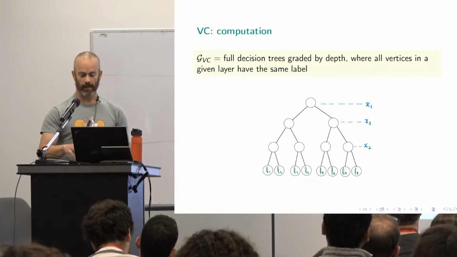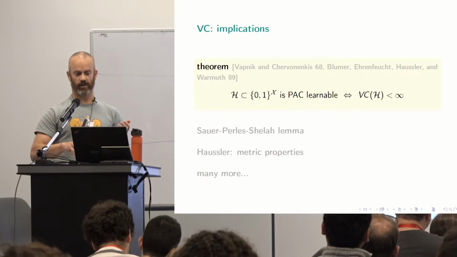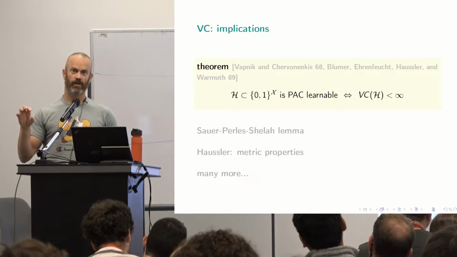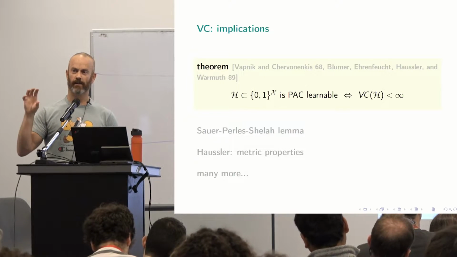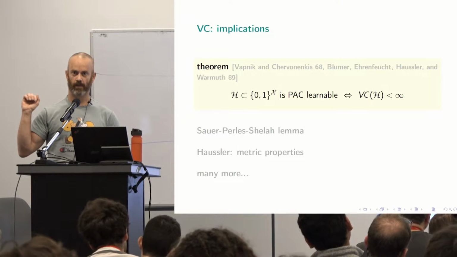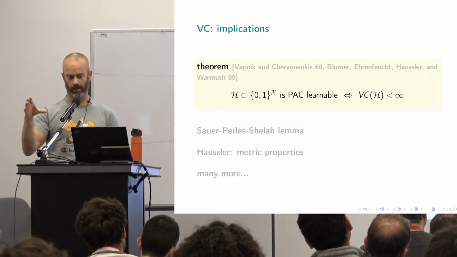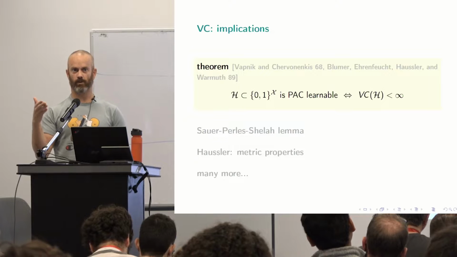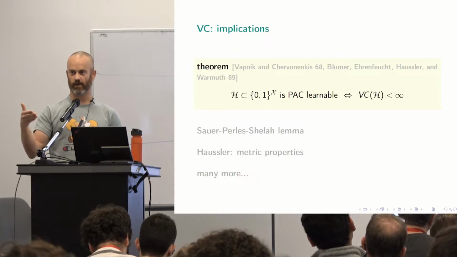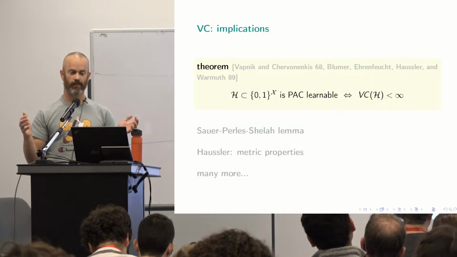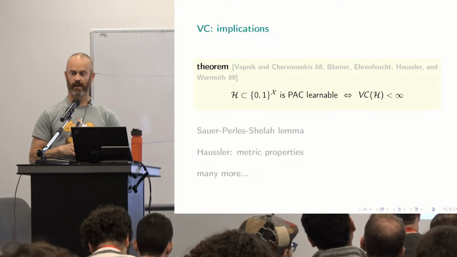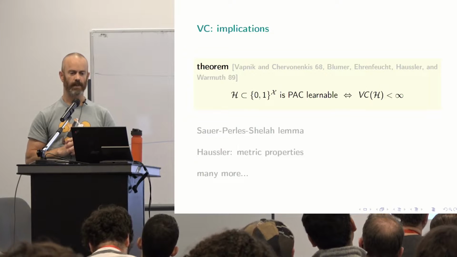Okay. And now the VC dimension is related to learning in this way. It captures exactly PAC learnability of H. I did not define PAC learnability. I'm going to talk about many models, so I won't define all of them. But it is some standard notion of learning which is captured by the VC dimension in this sense.